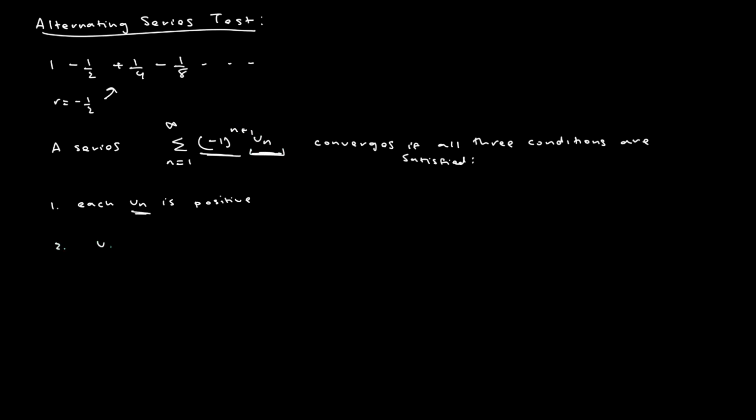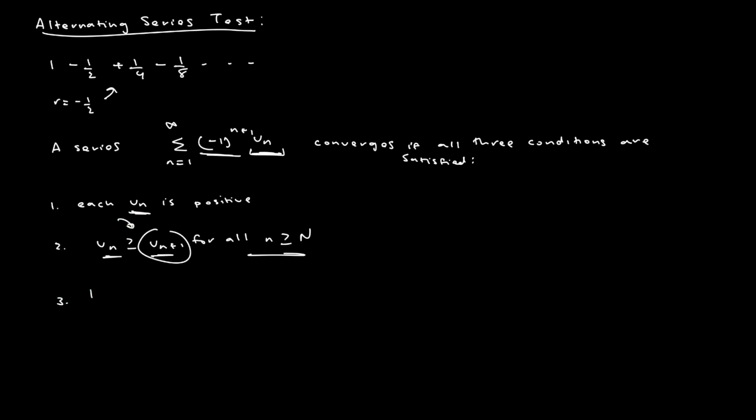And u of n is greater than or equal to u of n plus 1 for all n greater than or equal to N. So after some point, the next term in the series will always be smaller than the previous term. And again, I said u of n is positive, so we're removing the negative sign.